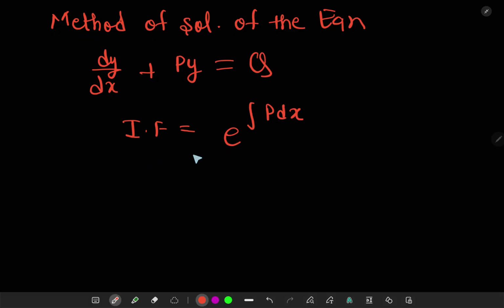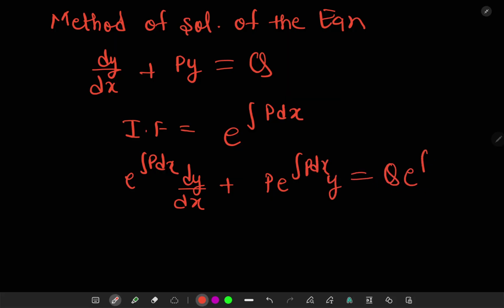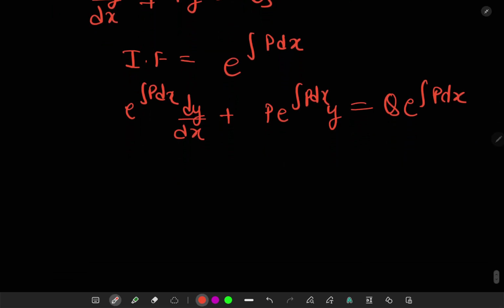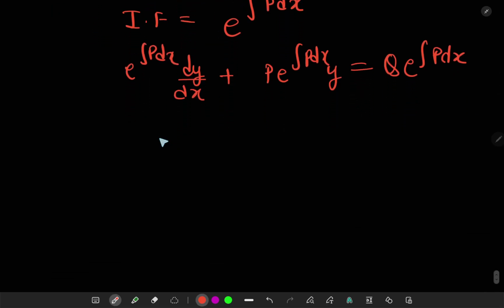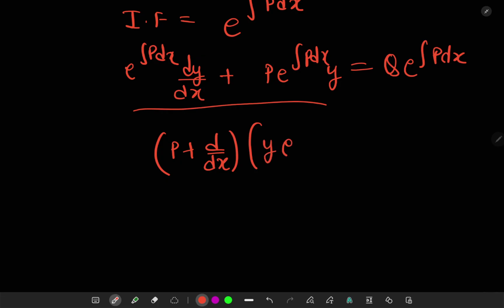If we multiply this term on both sides, we get this equation. We can write this equation as d over dx of y e integral p dx equal to q e integral p dx.